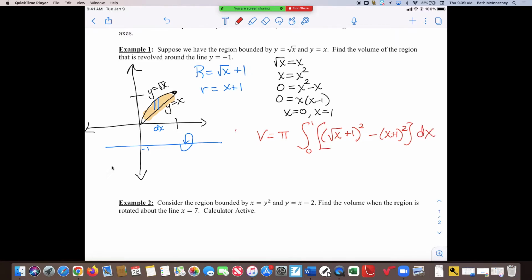On a free response question, you might be asked just to set it up and not solve, or you might be asked to solve. They want to see this step here. This is going to be worth at least 2 points because that indicates you knew capital R, lowercase r, and you have the limits of integration.